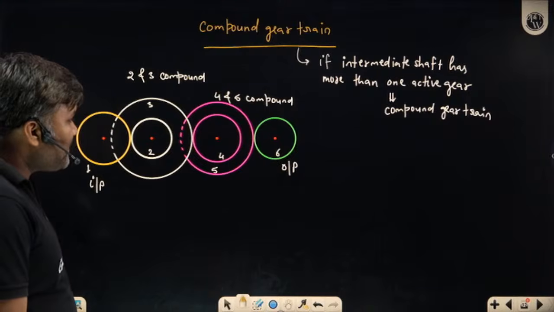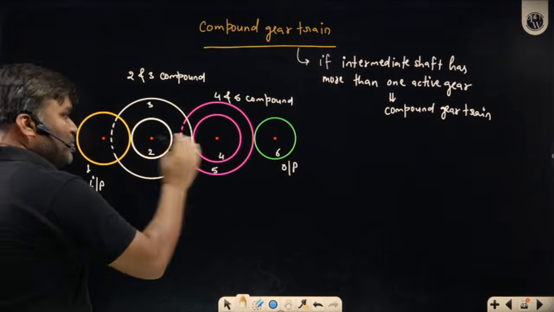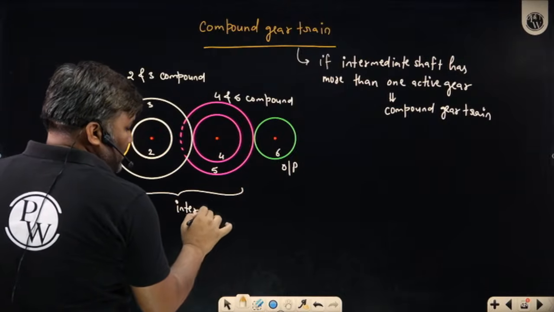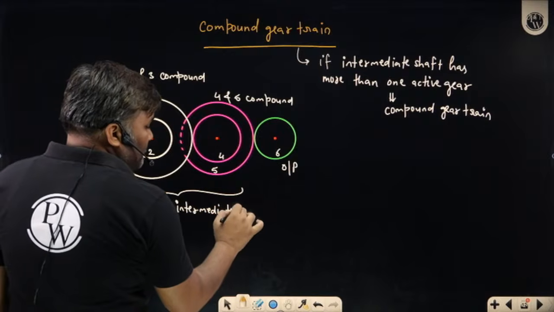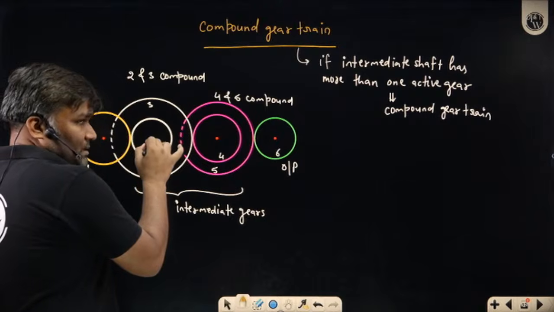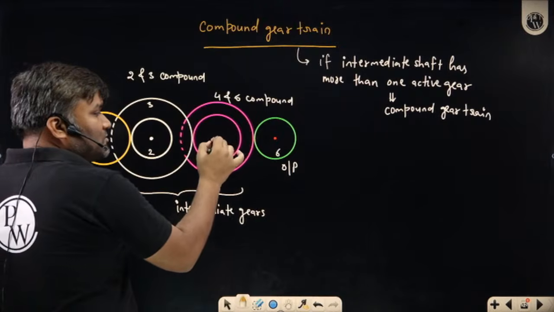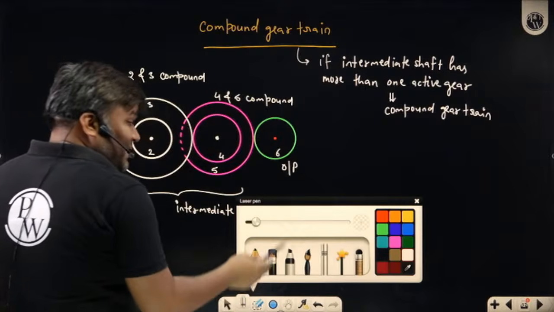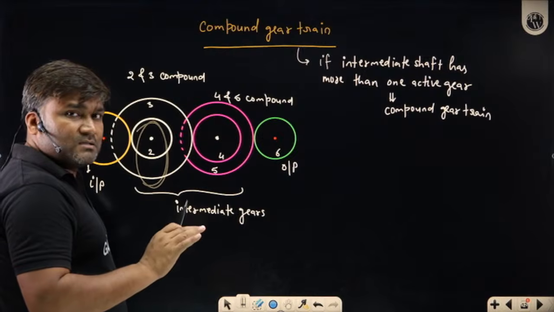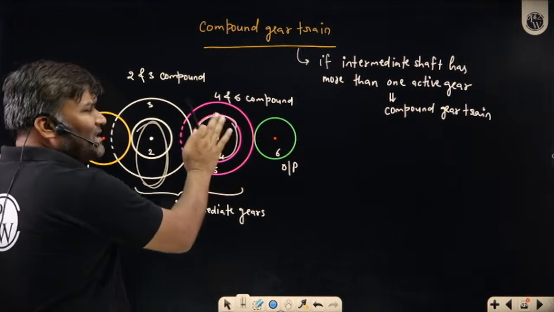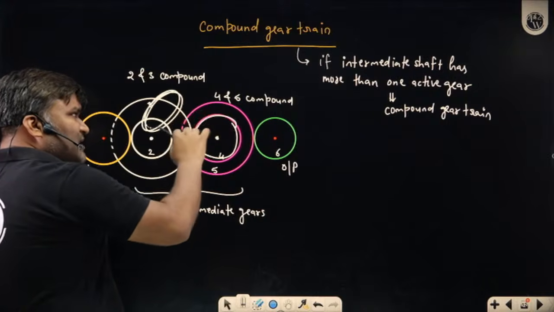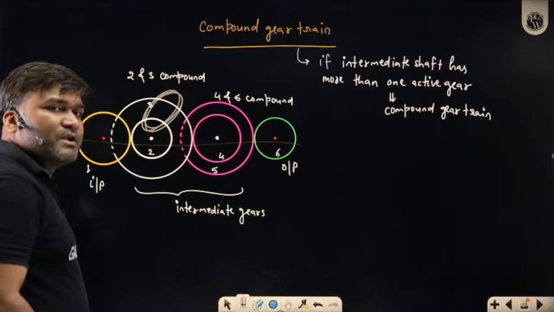Is it clear? Sir, apart from input and output, whatever we have is called intermediate gears. Now this intermediate shaft has compound gears, and this shaft also has compound gears. Beta, even if only one shaft has compound gears, where otherwise only one gear was there, this train will be called a compound gear train.